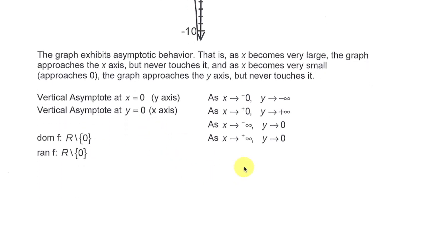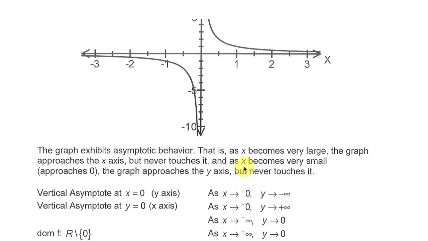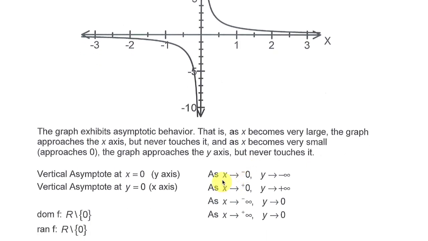Here's a summary of everything. Just to explain this to you again, as x approaches 0 from the negative, so as we come through this way, the value of y will approach negative infinity, and that's seen here. As x approaches 0 from above, or the positive side, then y will approach positive infinity, and you can see that curve.